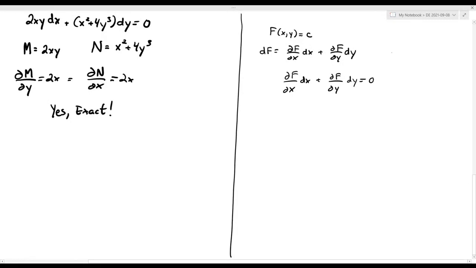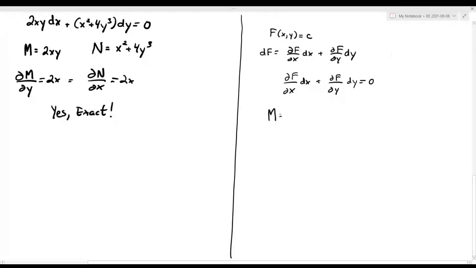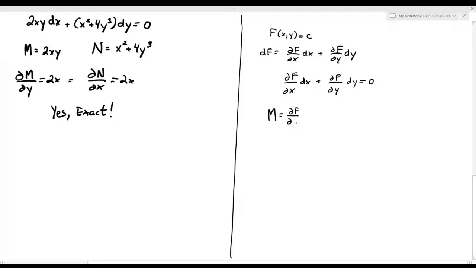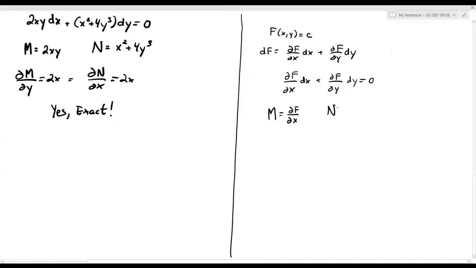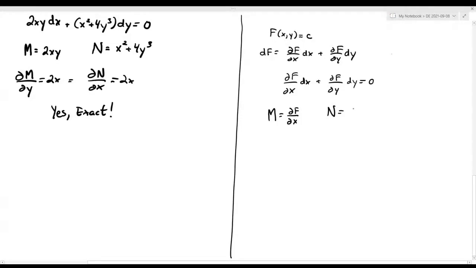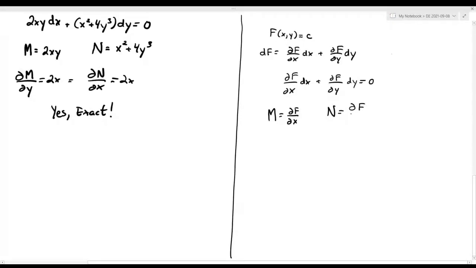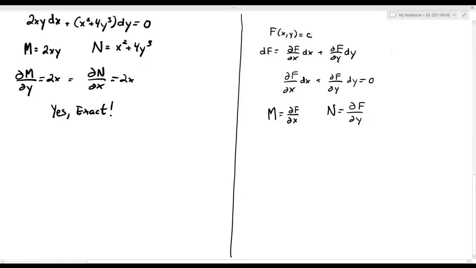And then notice that the thing that multiplies dx we called M. So M is really the derivative of some big F function with respect to x. And N is the thing that multiplies dy, and it's the derivative of big F with respect to y.